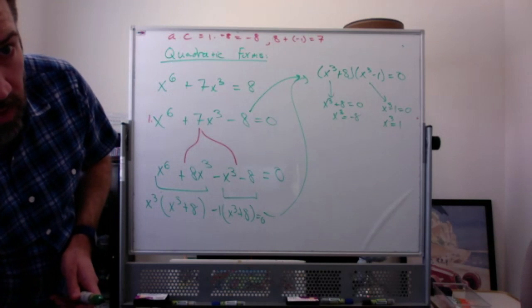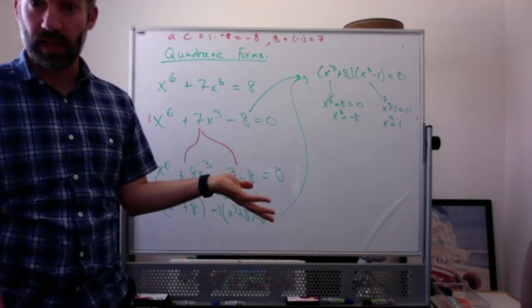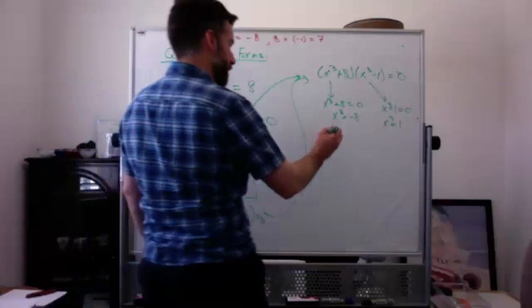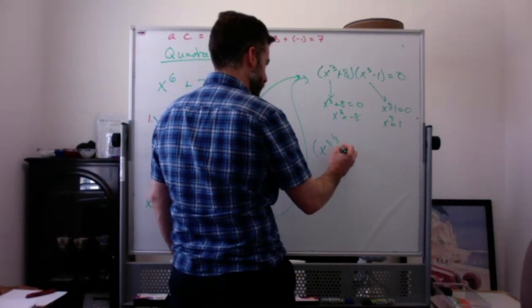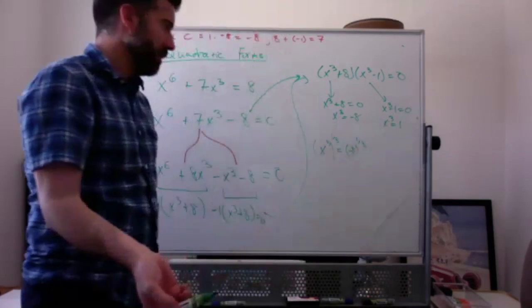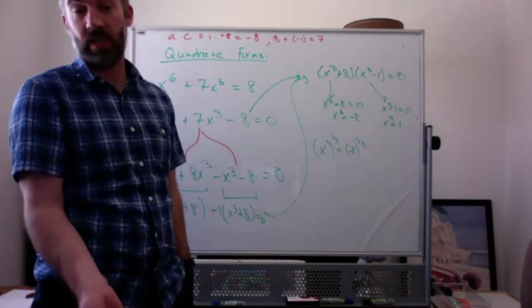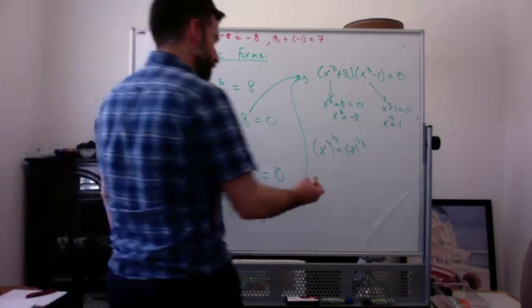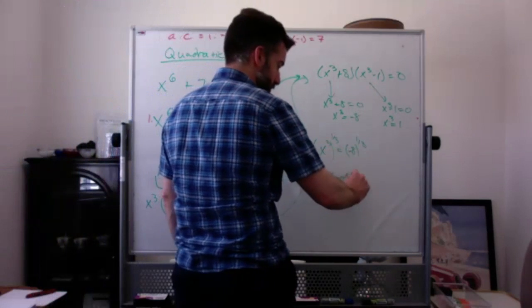So to solve this, we can just take the cube root of both sides, or the 1/3 power, either way, right? You can say that x cubed to the 1/3 equals negative 8 to the 1/3. And the 1/3 power of negative 8, or the cube root of negative 8, is just negative 2. And x to the 3rd to the 1/3 is just x.